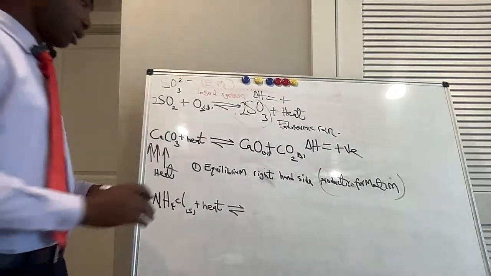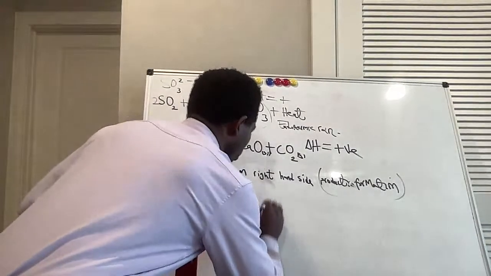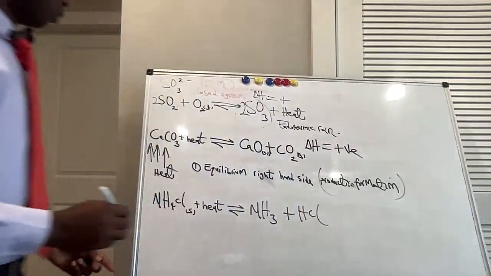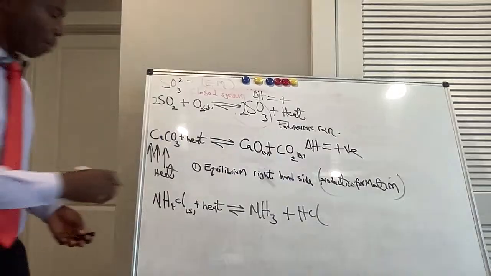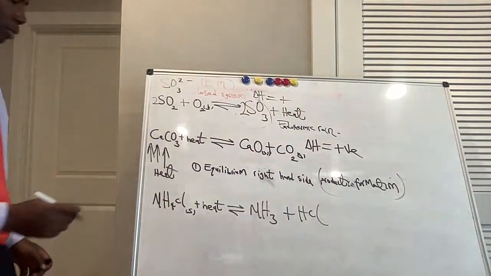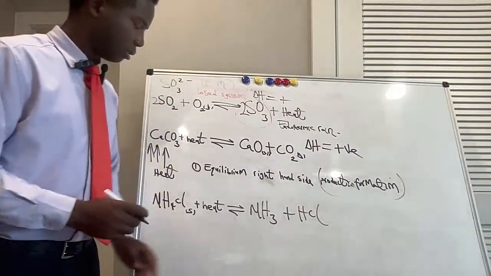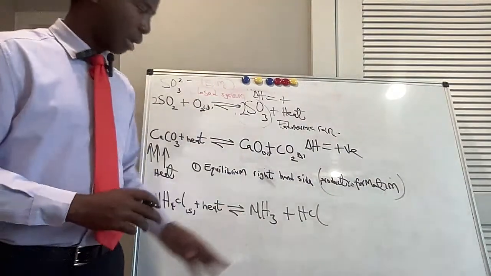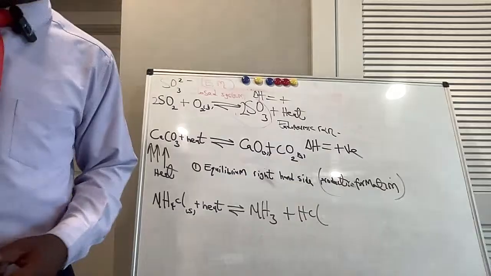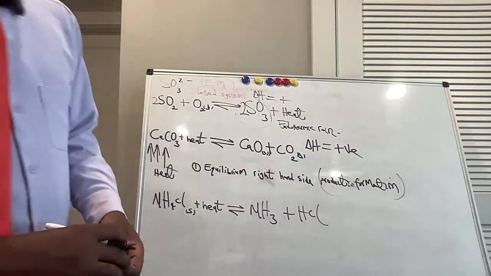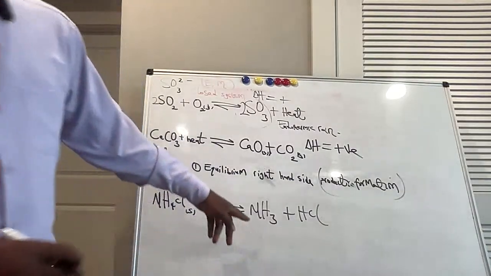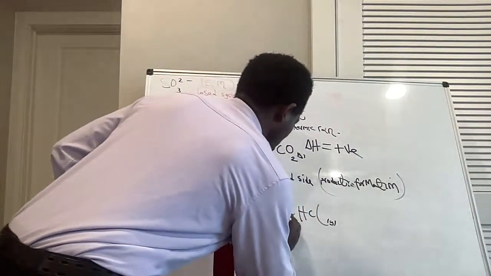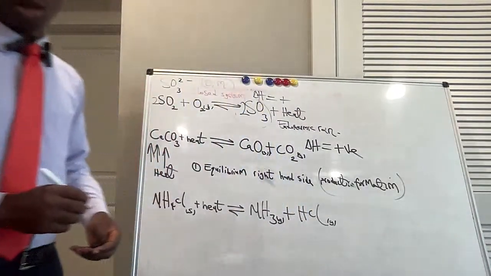Ammonia plus HCl. This is the reaction. When ammonium chloride is heated, it produces ammonia and HCl, and the ammonia here is a gas. So now, let's proceed.